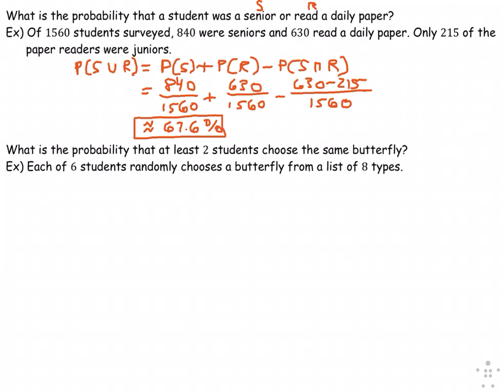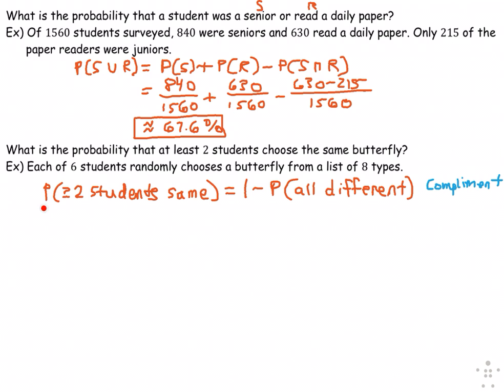That is a lot to calculate. So rather, I would find the probability that all students choose a different butterfly and subtract that from 1. Using the complement is going to be a lot easier to find the answer that we're trying to get.